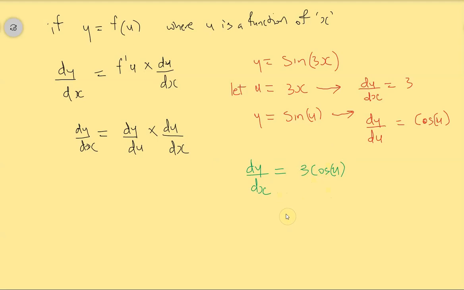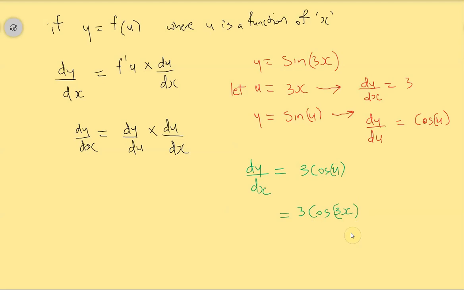And now if you remember, we back substitute, so that's 3 cos u, but u was 3x, therefore 3x remains in the brackets.